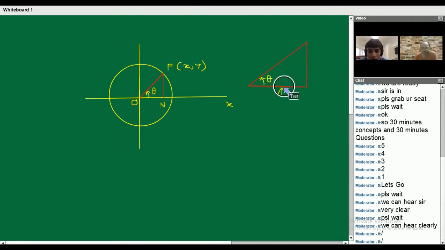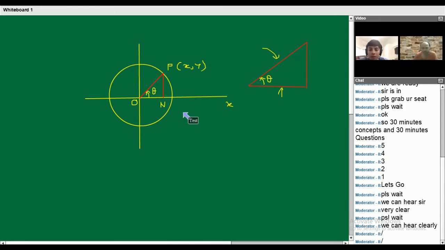Base, or it is also called adjacent, right? Yes, adjacent. Adjacent, opposite and hypotenuse. This side is opposite to this angle theta, so that's why it is called opposite. And what about the longest side? Hypotenuse. Very good.